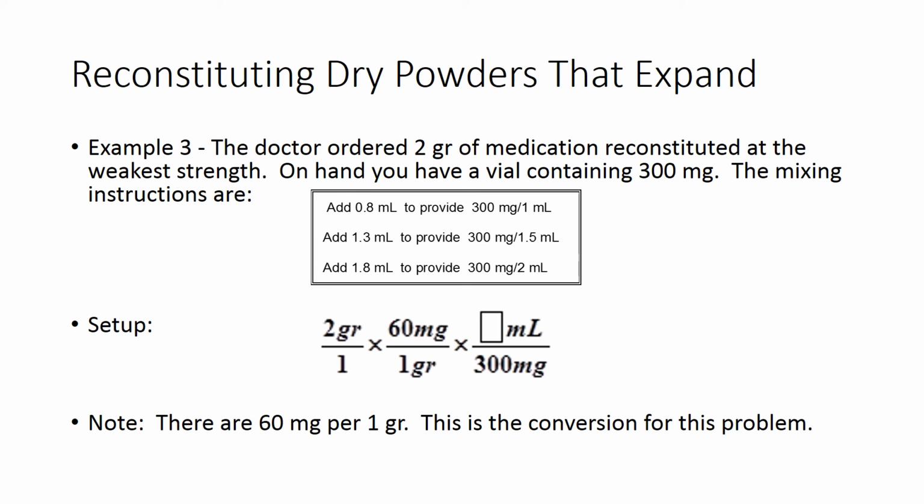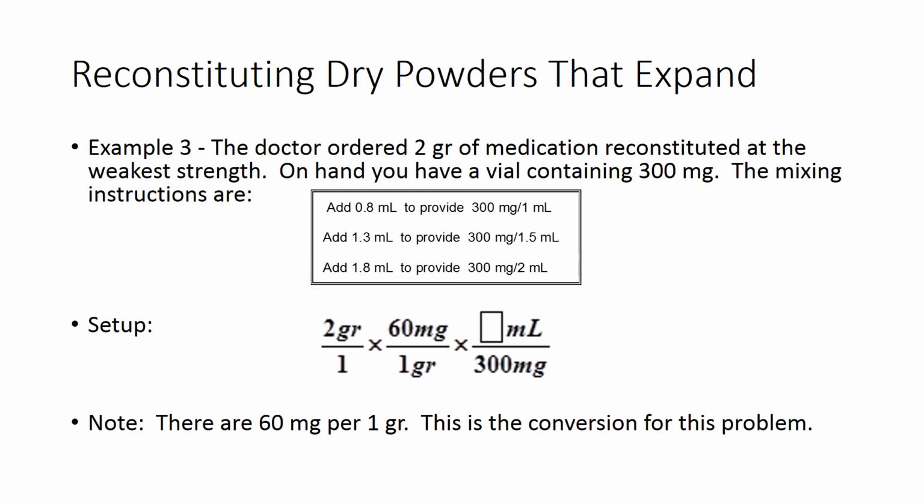And there are 60 milligrams per grain. So I set it up. My dosage is 2 grains per dose, times our conversion factor, which is 60 milligrams per grain, and then times a certain number of milliliters per 300 milligrams. Now again, there are 60 milligrams per grain, and this is the conversion factor.